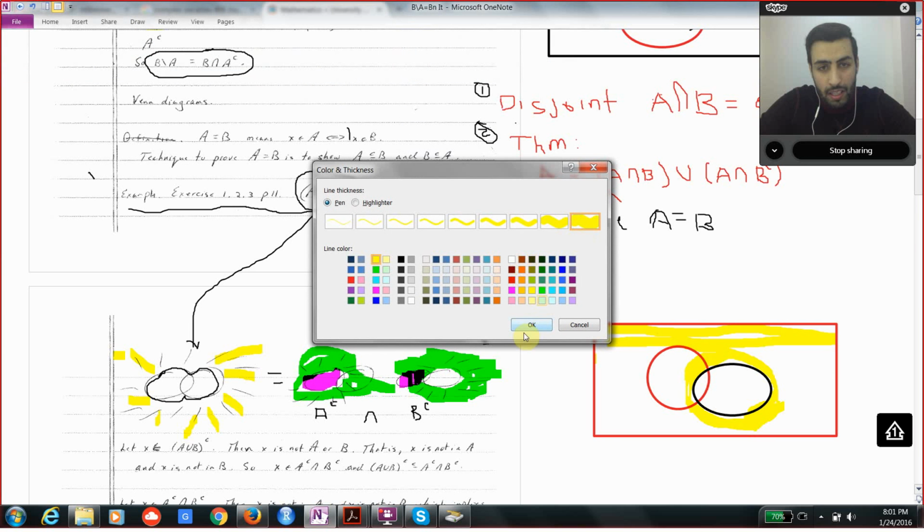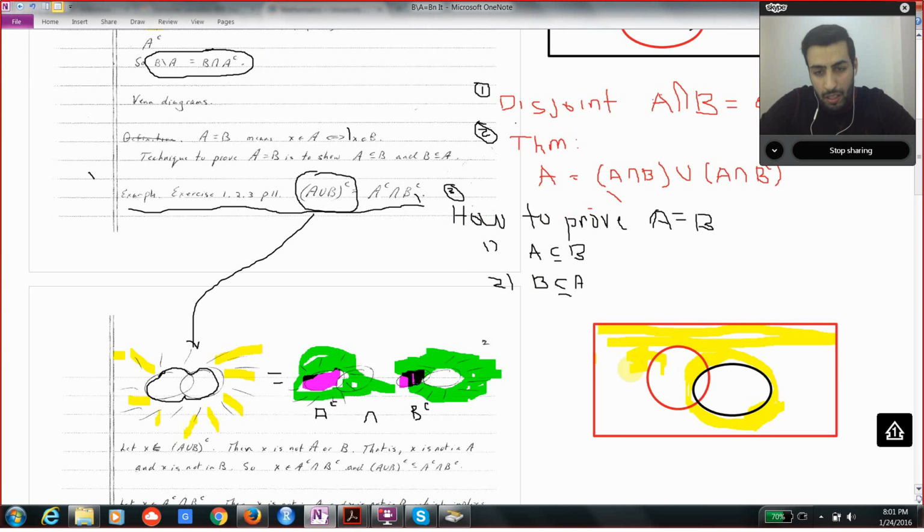There we go. I want the really thick one. Okay, this will be faster now. Okay. So this is B complement, right? Oh, man. Drawing is my worst subject, I swear. I'm going to make little pieces so if I screw up, I don't erase everything. There, that's okay.